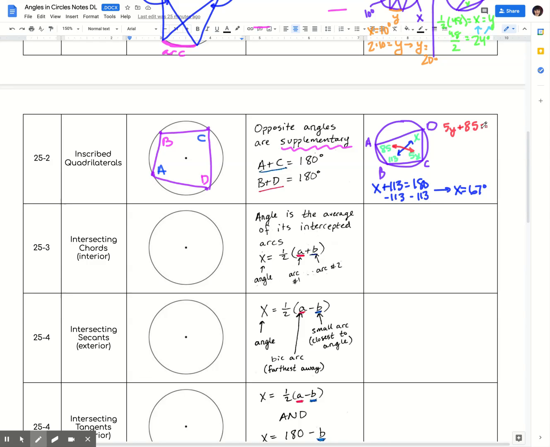Okay, that has to equal 180. So I'm going to do minus 85 on both sides. I get 5y is equal to 95. And then I need to divide that by 5. So when I do that, I end up with y equal to 19.